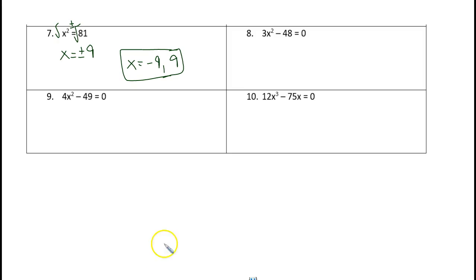Okay. What do you notice about number 8? Well, they're not perfect squares, are they? But what do you see? Do you see a greatest common factor? Hopefully you see that 3 goes into both of those numbers. So what we want to do is factor out that 3, divide out that 3, leaving us with x squared minus 16.